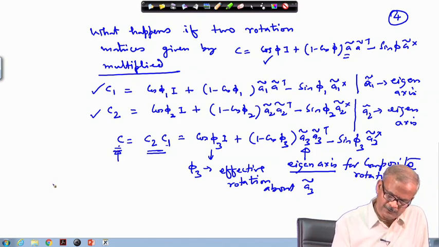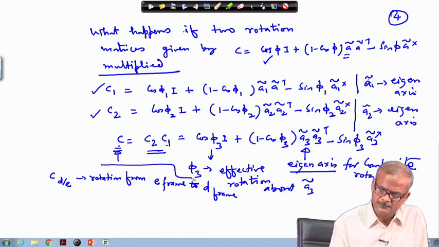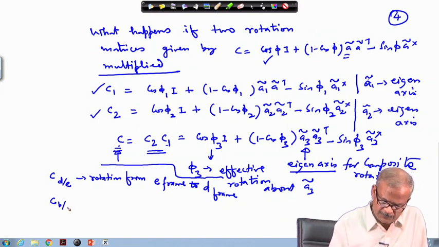So, the first rotation we write as C D E, which is the rotation from E frame to D frame, and then from D frame to B frame.